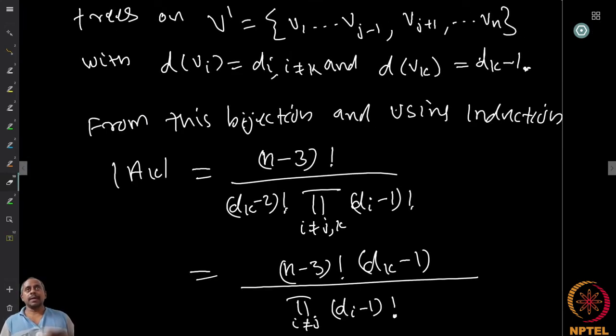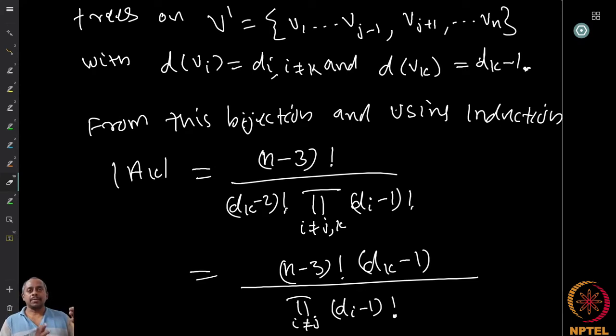So therefore, we are going to get trees on the vertex set V minus Vj, that is V1 to V_{j-1}, then V_{j+1} to Vn, so on n minus 1 vertices, and these are again connected. And what is the property of the trees that we obtain this way? For all the trees, degree of Vi is equal to di, because we have not changed the degree of anything except for Vk.